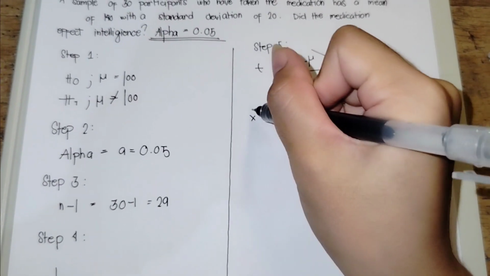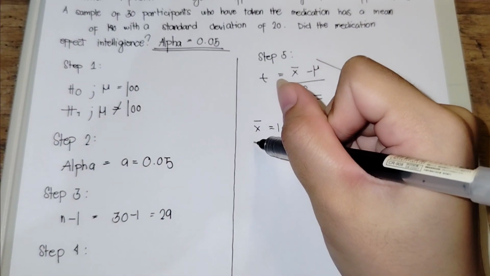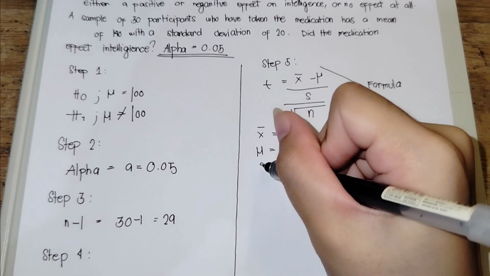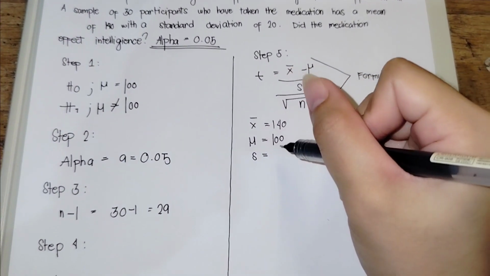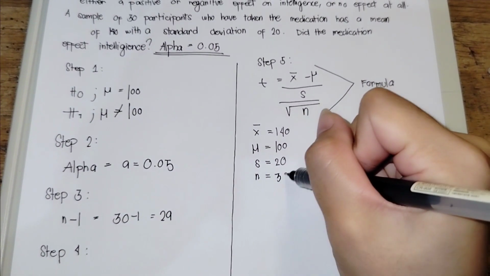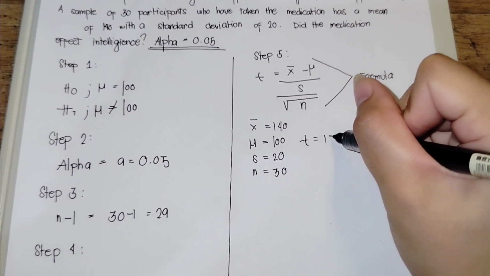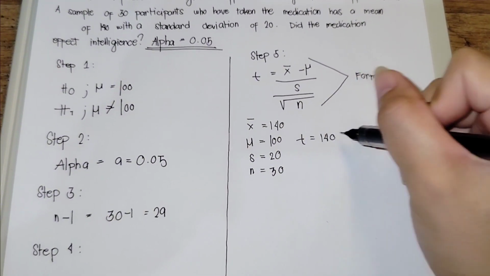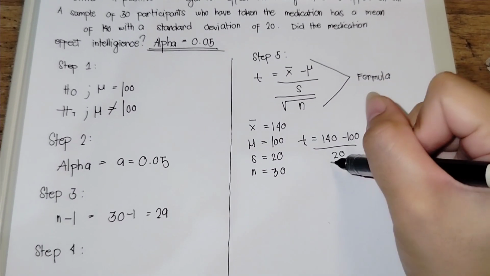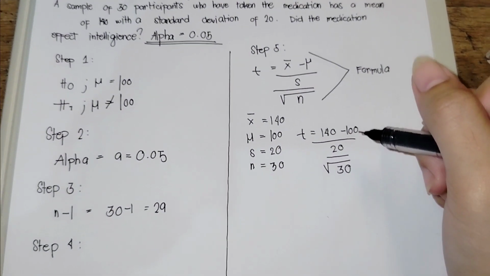The sample mean in the problem is 140 and the mean is 100. Standard deviation is equal to 20 and the number of values is 30. So this will be the step to solve it. So t is equal to 140 minus 100 over 20 over square root of 30.